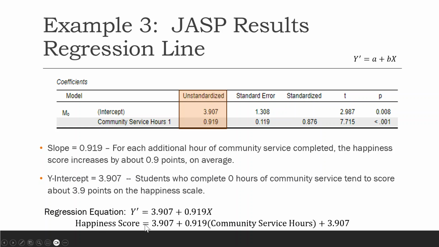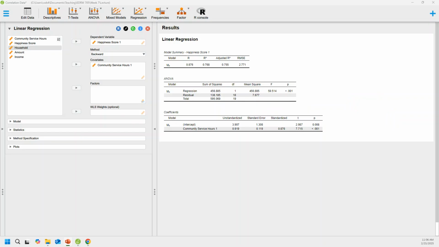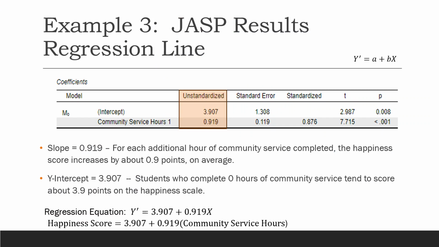Happiness score equals 3.907 plus 0.919 community service hours. Sorry about that, I don't need that extra 3.907 there. So the happiness score equals 3.907 plus 0.919 times community service hours.